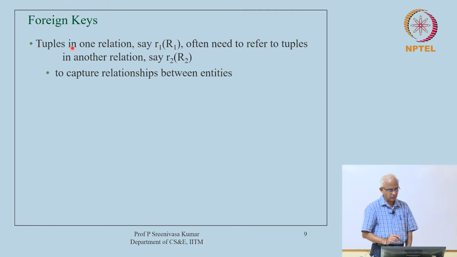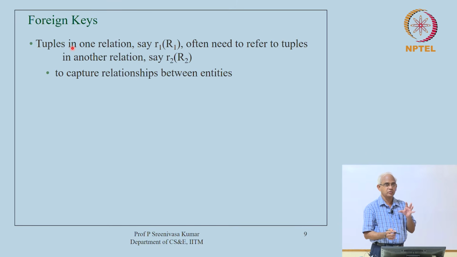Okay. Now, notice one thing, that in this model so far we have only one thing called the notion of relation. As a contrast to this, if you consider the ER model, we had entities and relationships. So, relationships between entities captured the associations between entities.